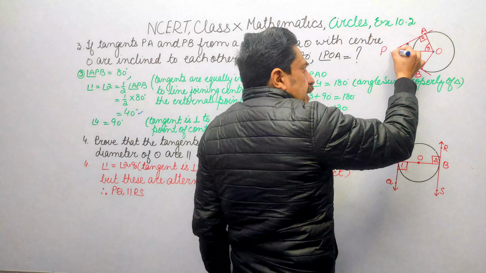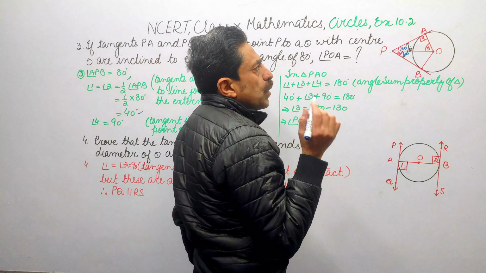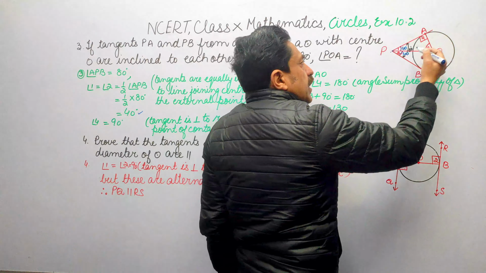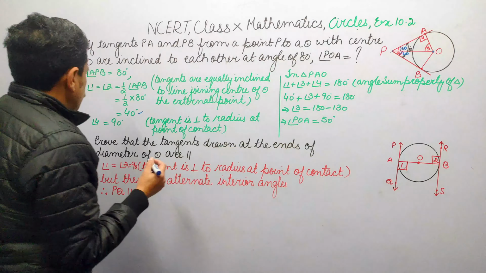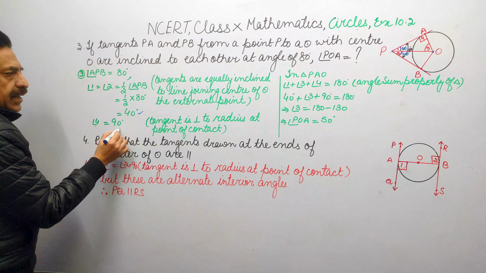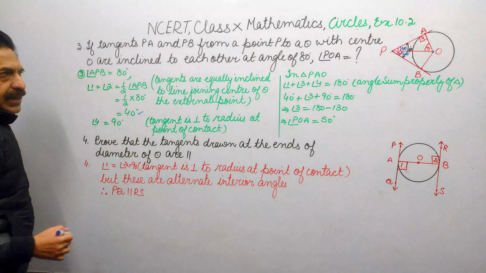Now for triangle PAO, we know two angles out of 3. So we can easily find the third angle using the angle sum property. Now angle 4 is 90, because the tangent is perpendicular to the radius at the point of contact.